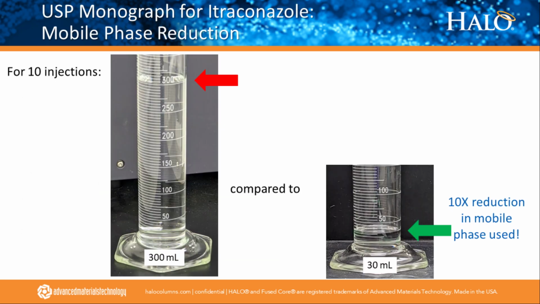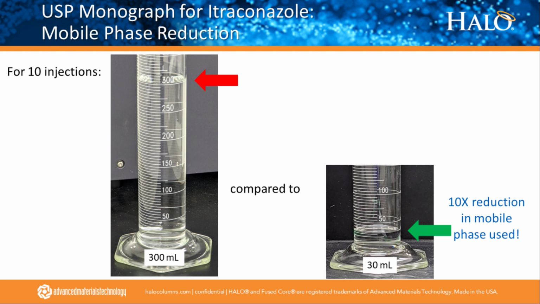And then finally, in terms of the mobile phase reduction, for 10 injections using the original monograph conditions, you'd be using 300 milliliters of mobile phase. That's compared to only 30 milliliters of solvent switching to the 2 micron Halo column, which represents a 10 times reduction in mobile phase used.